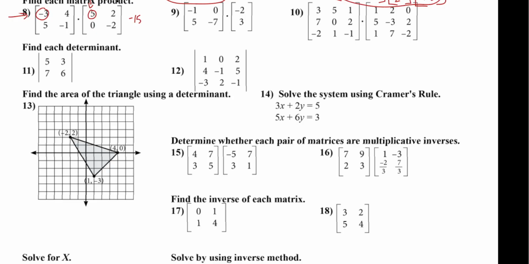But then, this is weird, this is how you do this. Then you take the next one in the row and the next one in the column, multiply them together, and then add them to this. So we go 4 times 0. What's 4 times 0? 0. And we add it to that. So this is going to be the first element in my answer matrix. So let's do it again.